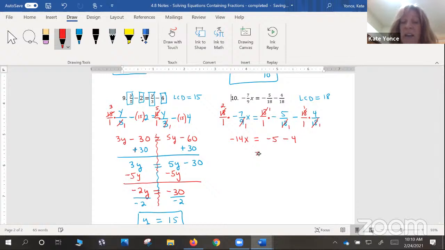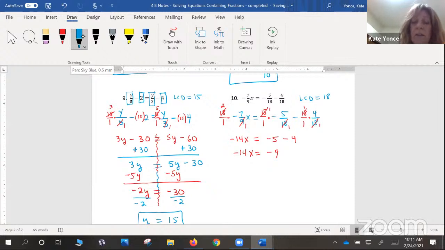But it's not 5, it's -5. -5 minus 4. Yes, you remember it was negative here. So -8. Not quite. -9, sorry. So then you would divide -14 on each side, right?